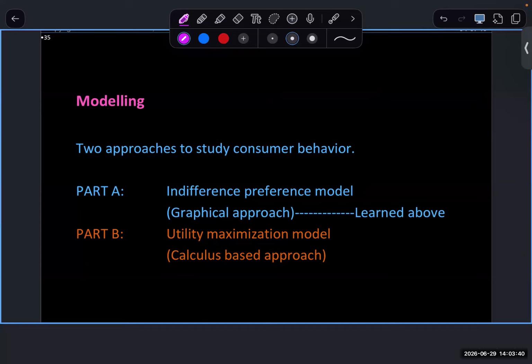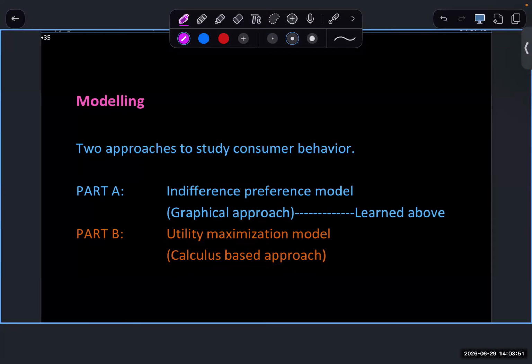So now let's talk about two approaches that we study consumer behavior. The first one is the graphical approach, the indifference preference model, which means the budget line is tangent to the indifference curve.